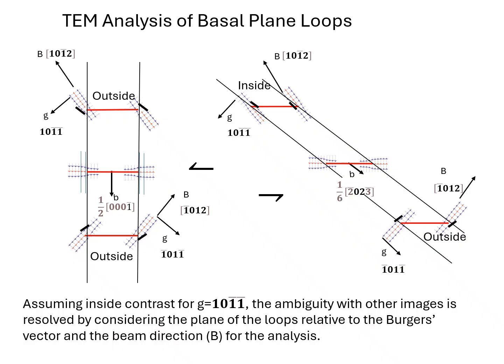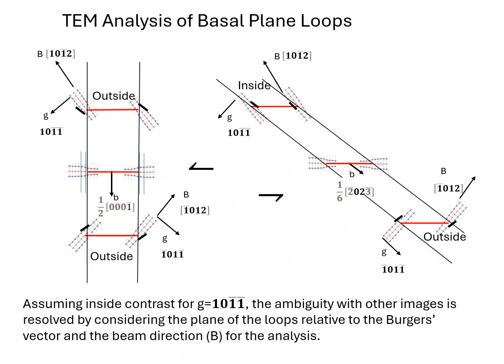And if you care to look at this later on, this is part of the diagram showing how the loops, they're not gliding now because they're fixed, they're faulted loops, so they're on a fixed plane. But we can imagine what they would look like if they did, if we sheared over the planes relative to the plane of the loop, and in that case the contrast becomes apparent.